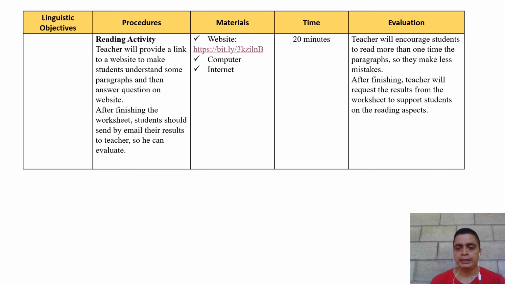So the students will be able to analyze paragraphs and then answer questions.